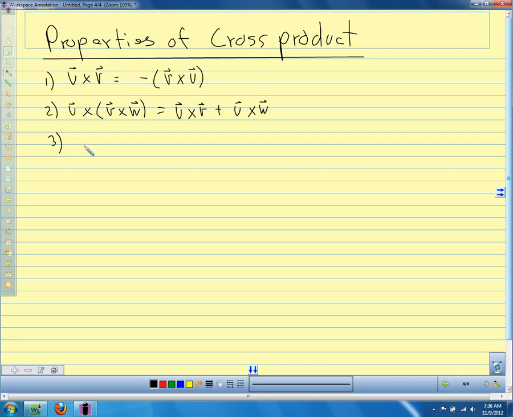We have scalar multiplication: C times U cross V. The scalar can be multiplied by either of the vectors: CU cross V equals U cross CV.